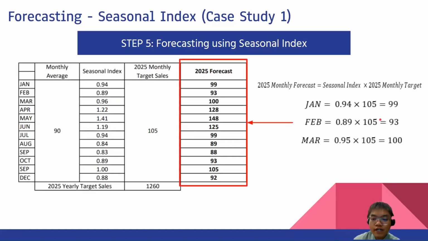To get the forecast value, we just multiply the seasonal index with the 2025 monthly target. For example, month January, the seasonal index is 0.94. Then we multiply with 105, we get 99. Same goes for February, 0.89 times 105, we get 93. So these are the values that we forecast for the sales in year 2025.